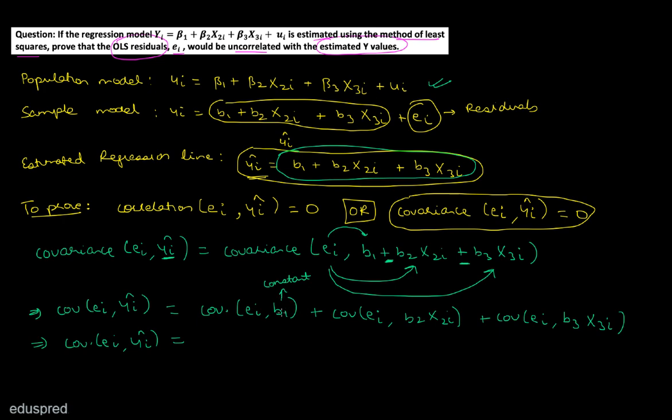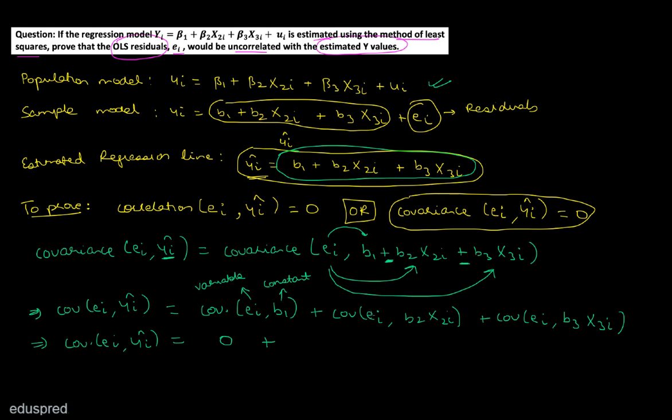So b1 is a constant. On the other hand, ei is a variable because it can take multiple values. If you have a sample size of 100, then ei can also take 100 values. And from your basics of statistics, you should know that the covariance between a variable and a constant is going to be 0. So this is 0. Plus, let's take a look at the second term now.